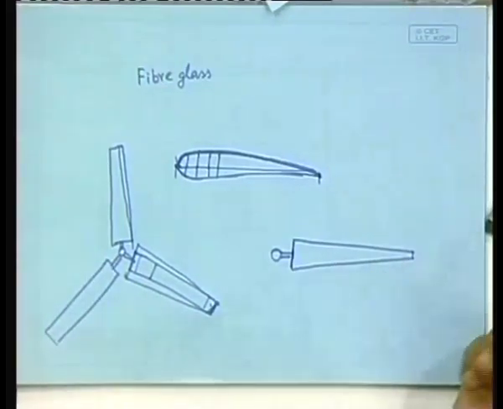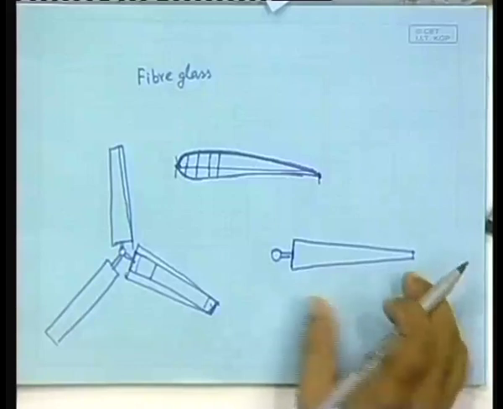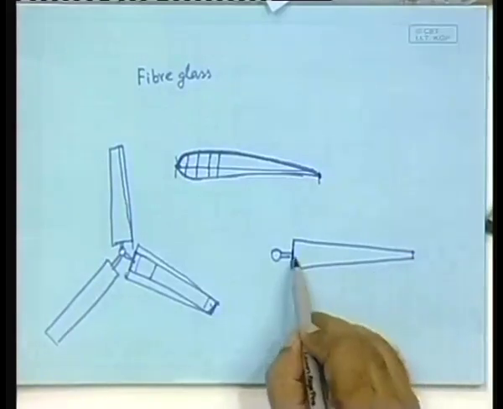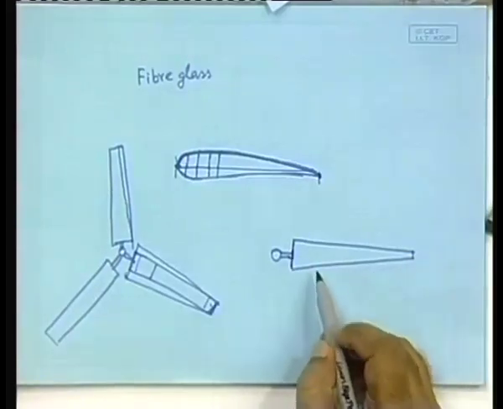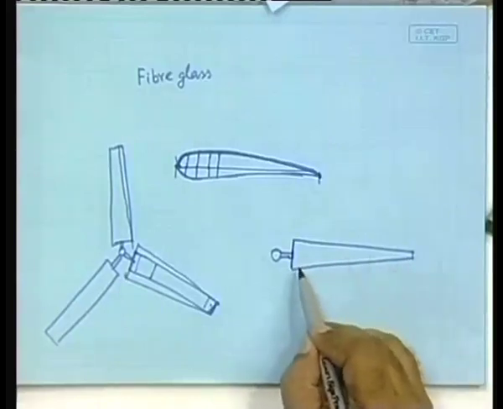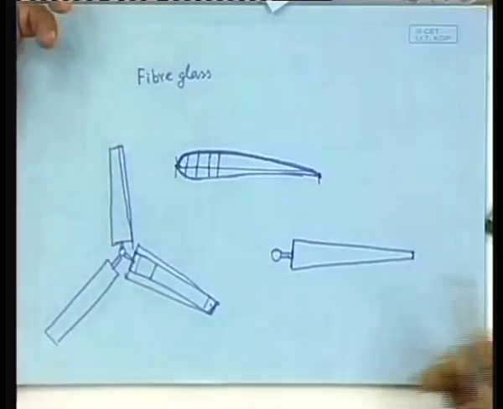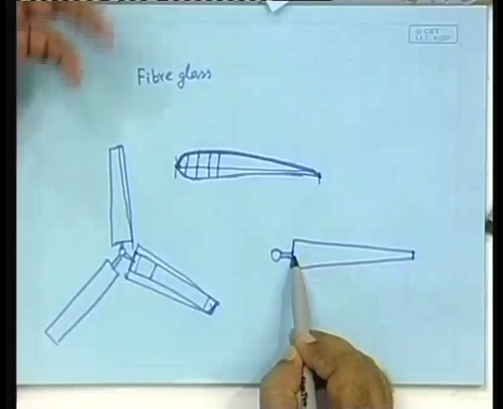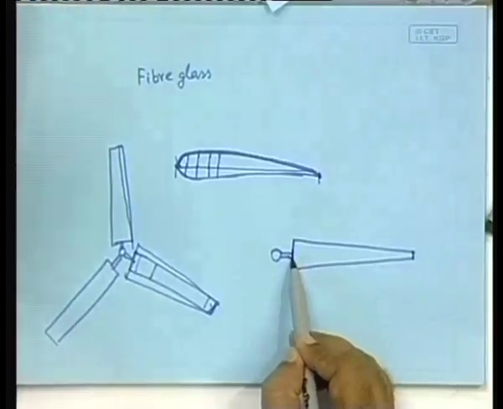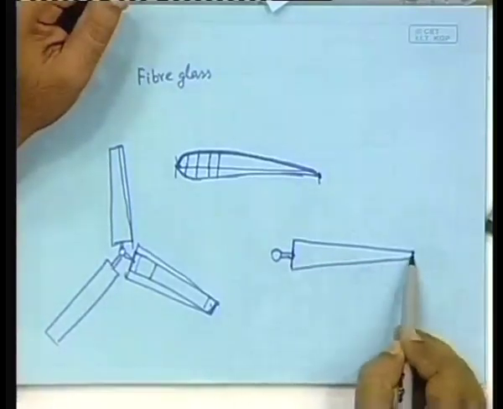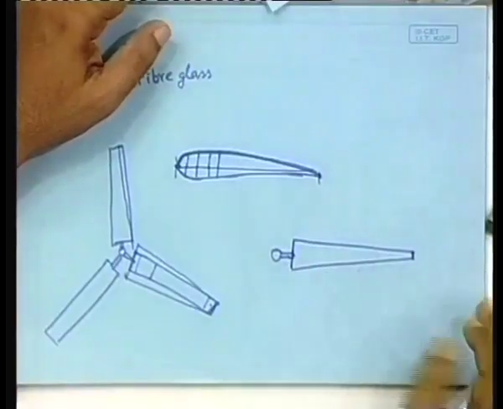Now, how to calculate this taper, how much should be the taper, that is dictated by the structural strength of the blade. How much bending stress can it withstand, because you really cannot design the blade so that the torque and the thrust produced by this point and that point would be the same. You cannot do that. If you do that, it will be awkwardly shaped, as I told you in the last class.